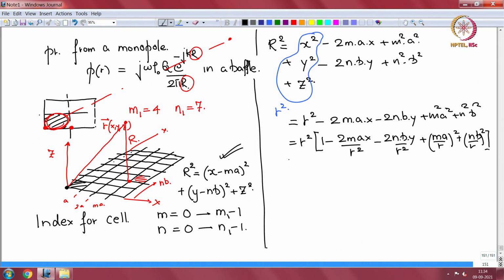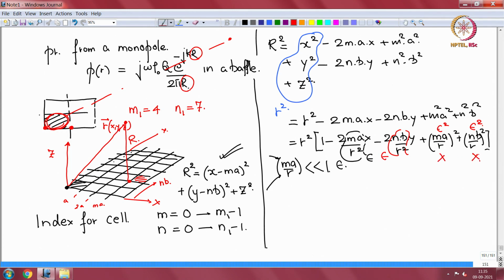Now what I am going to say is that m a by r, the distance from the origin of the cell over the distance from the origin of the receiver, is a very small quantity, epsilon. These terms carry epsilon, and these terms carry epsilon squared. So these are much smaller and we'll drop them.